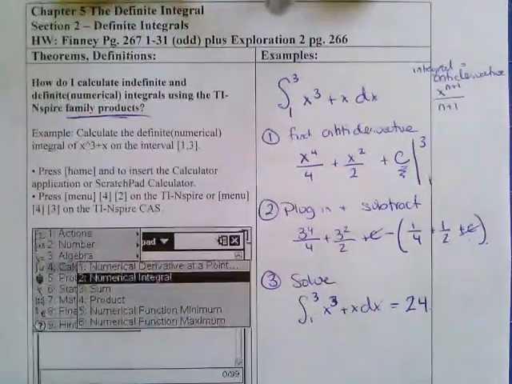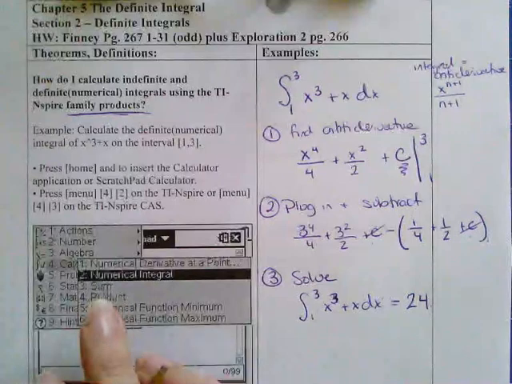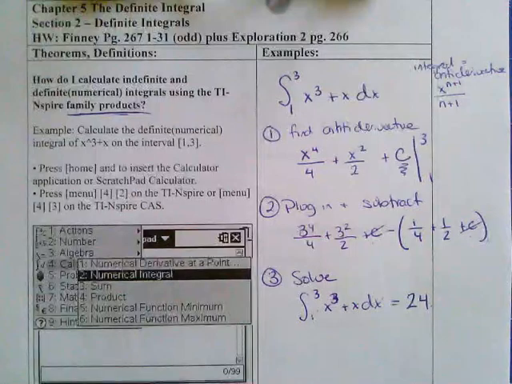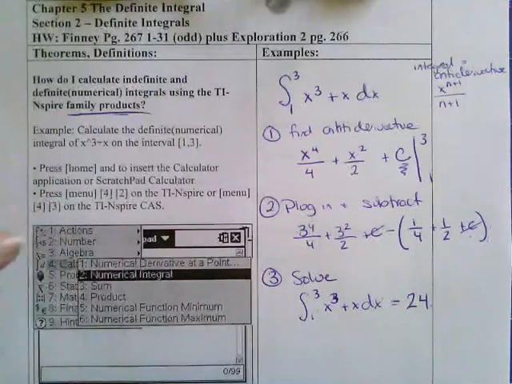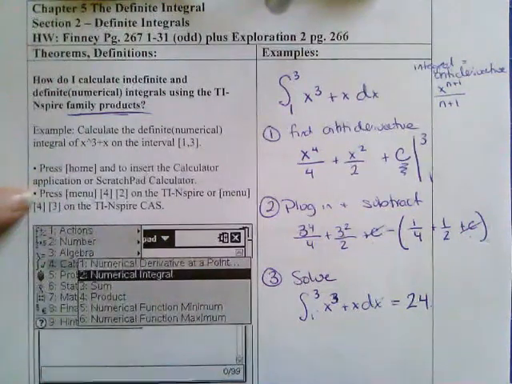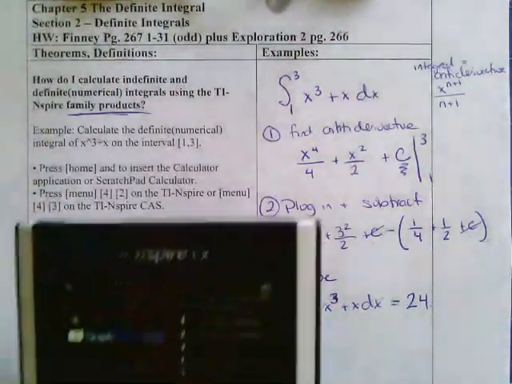So that's by hand. The nice thing about our calculators is that we're able to do definite integrals. We're only able to do definite integrals on the calculator. So you press home and insert the calculator application or scratch pad.